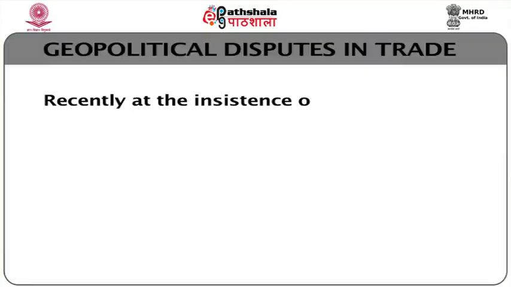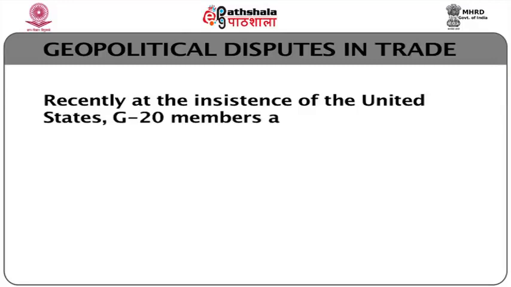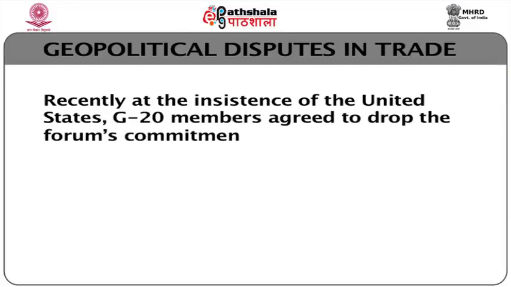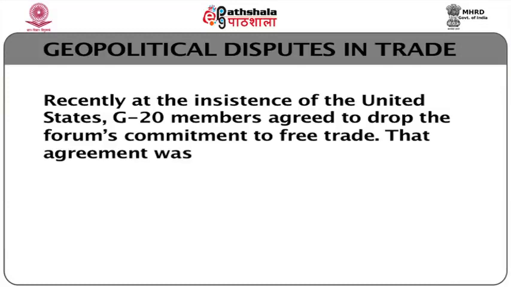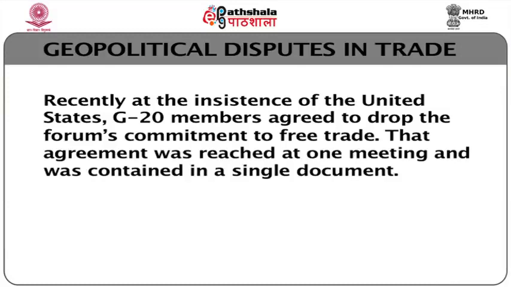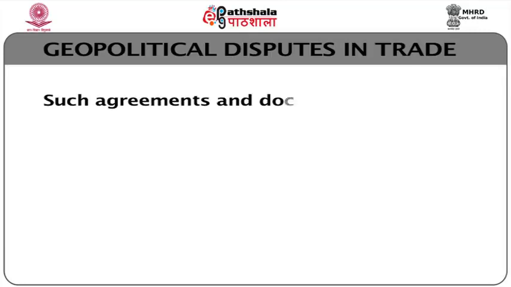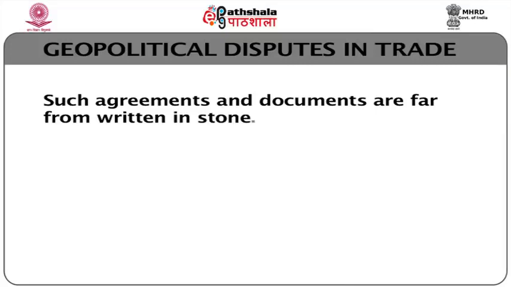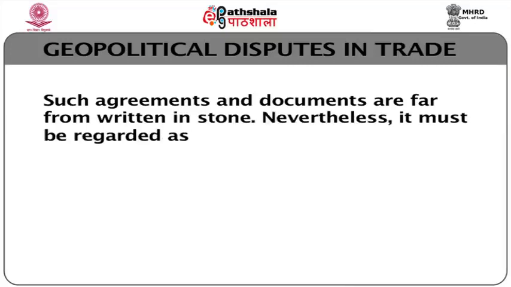Recently, at the insistence of the United States, G20 members agreed to drop the forum's commitment to free trade. That agreement was reached at only one meeting and was contained in a single document. Such agreements and documents are far from written in stone. Nevertheless, it must be regarded as a historical moment.